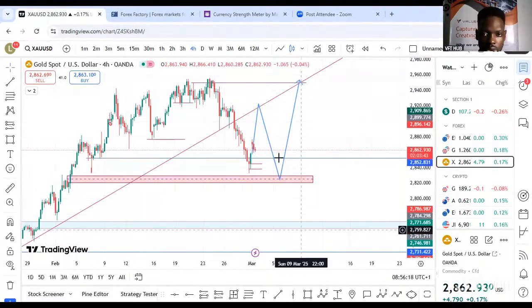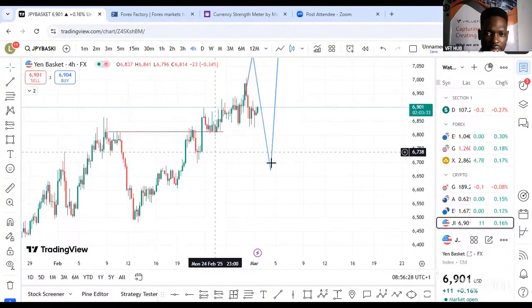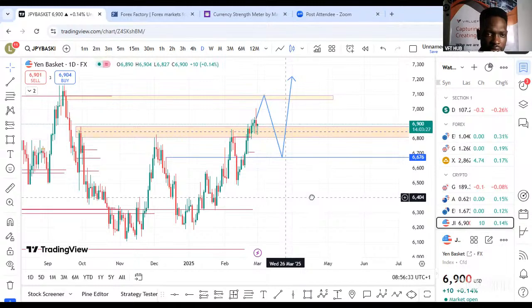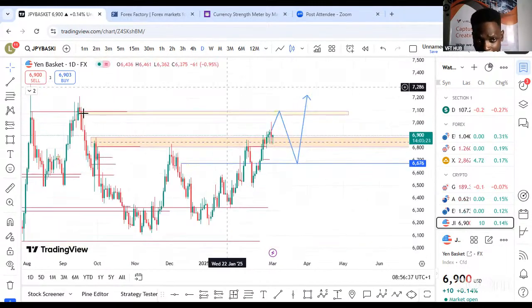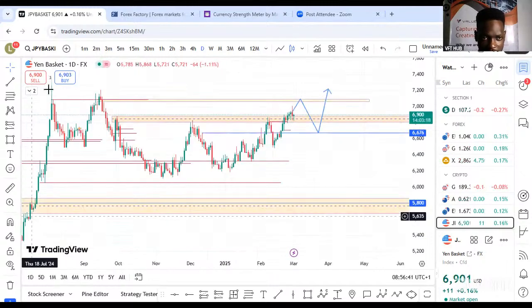Now a quick one to Japan to see what is going on with the yen basket. For the yen basket, let's check it on the daily time frame. Looking at the daily time frame, we have a very tiny POI resting just above this zone that we have here after creating the high here.